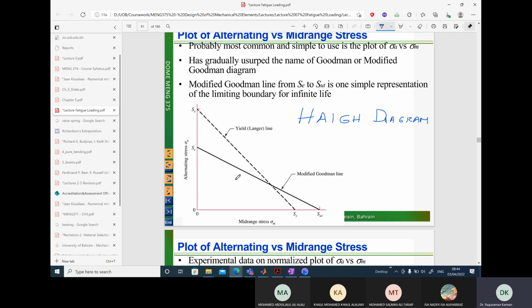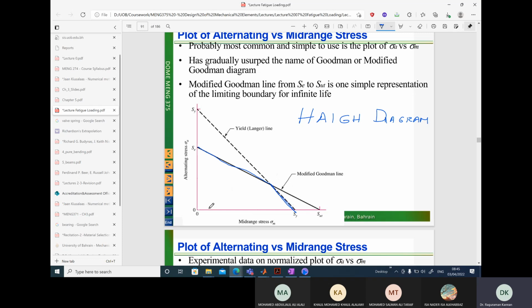Now, where is my failure envelope? Just like the static failure case, where does my failure envelope lie? In the case of Goodman equations or Goodman theory or modified Goodman theory, the failure envelope is given by this blue line here. So this gives me the failure envelope.